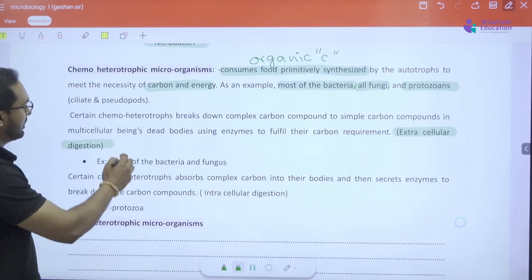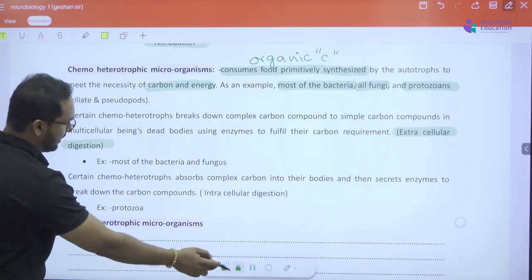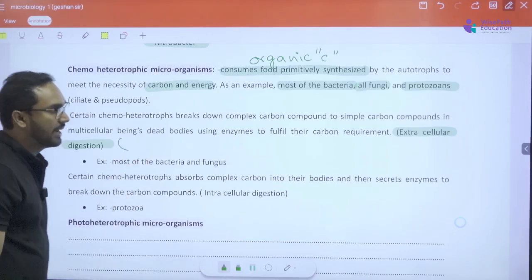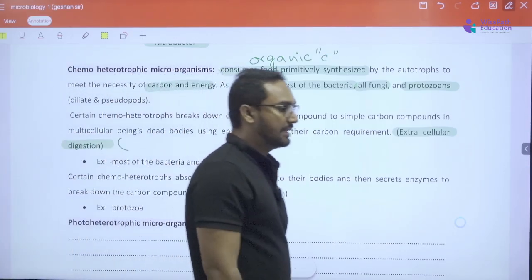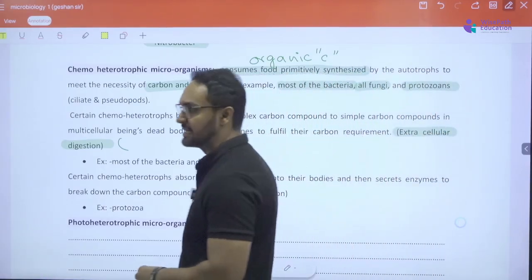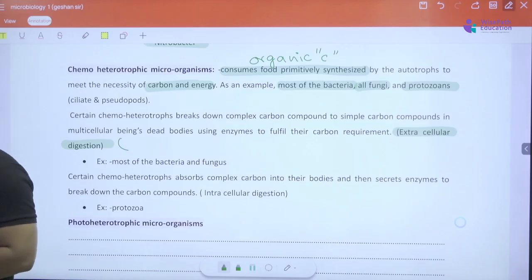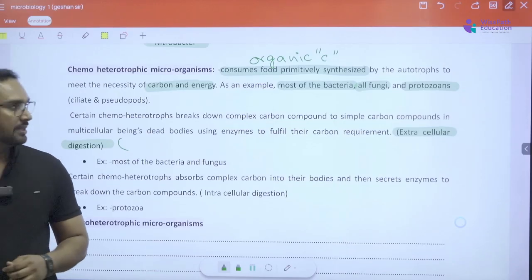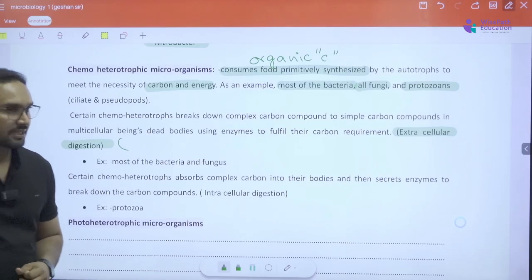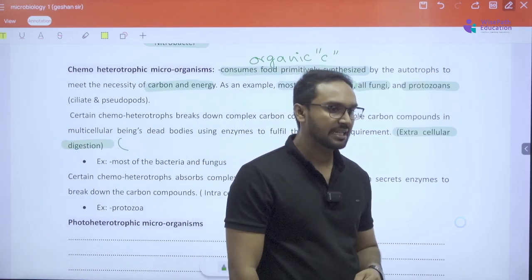Shall we write down a simple meaning of this? The extracellular digestion means they secrete enzymes. S-E-C-R-E-T-E, secrete.